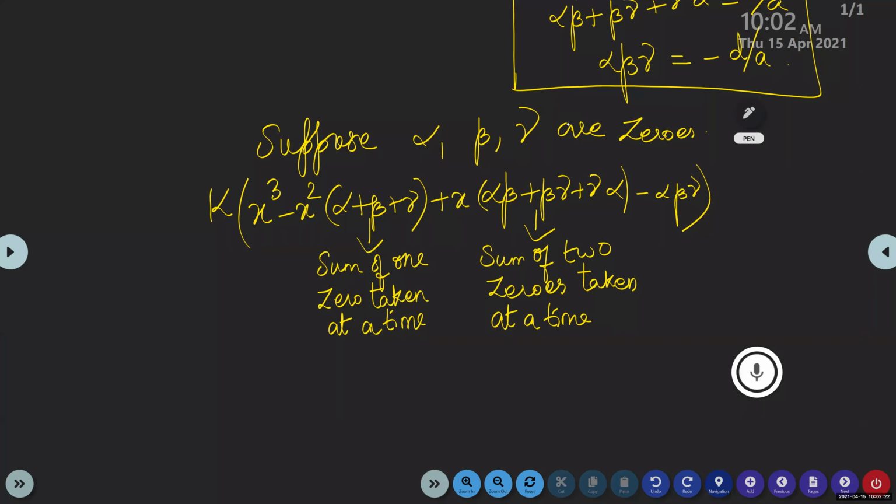Plus x into alpha beta plus beta gamma plus gamma alpha, which means we are taking two zeros at a time and adding, so we call this the sum of two zeros taken at a time. And what about alpha beta gamma? It is called the product.